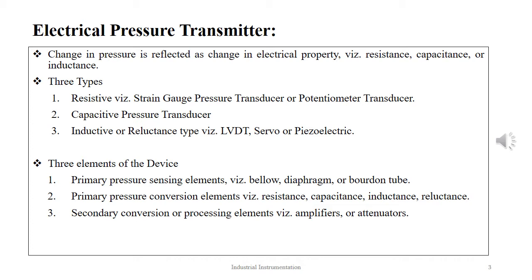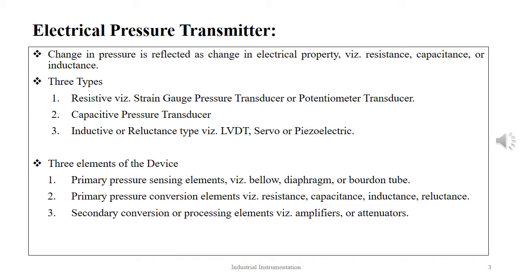These changes are transduced into electrical signal and we obtain electrical signal output in forms of either voltage or current. The electrical pressure transmitters are mainly of three types: the resistive one, that is strain gauge pressure transducer or potentiometer transducer, capacitive pressure transducer, and inductive or reluctance type transducer, namely LVDT, servo, or piezoelectric transducers.